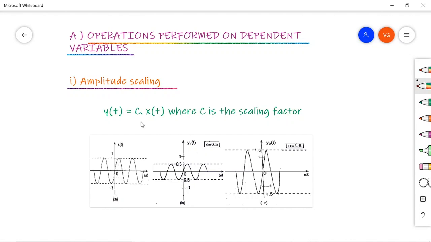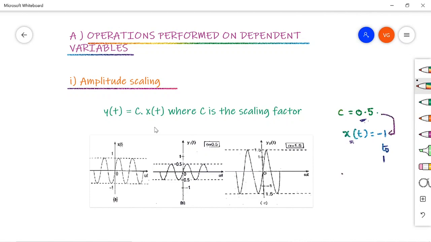Now, suppose the constant c is equal to 0.5. The x of t signal amplitude is from -1 to +1, right? So now, if it is 0.5, then the amplitude of x of t is multiplied with 0.5.